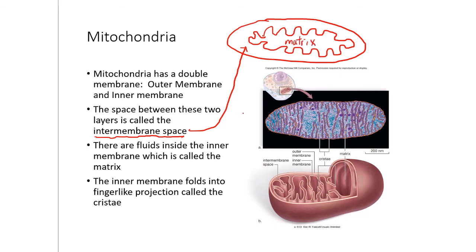Finally, the finger-like foldings formed by the inner membrane are called cristae. So that's what a mitochondria looks like, and again, it's the powerhouse of the cell.